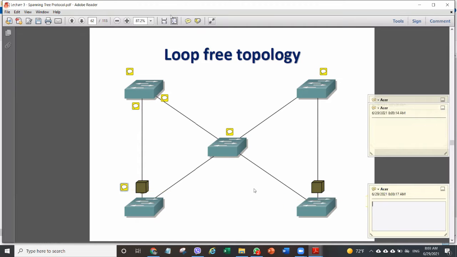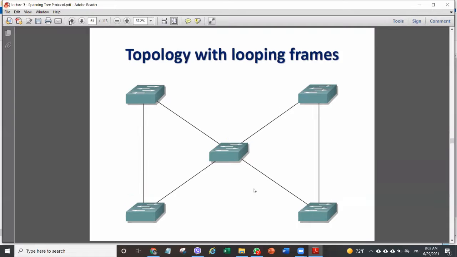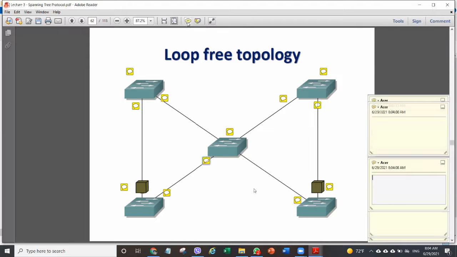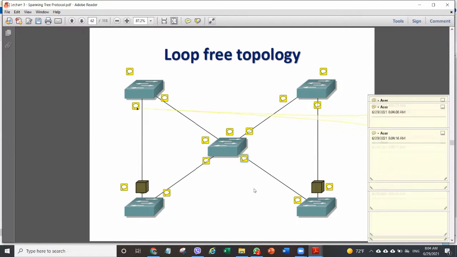Then we have to have an idea about the different ports. Each port has a label, right? In the previous case, think about that. What are the labels for the port? What are the blocked ones? Blocked ones are the non-designated ports.